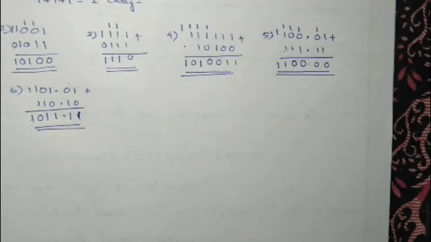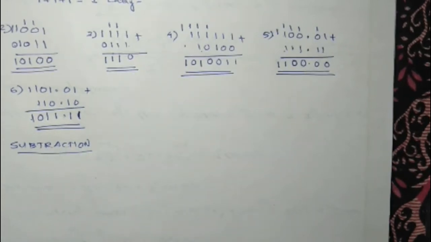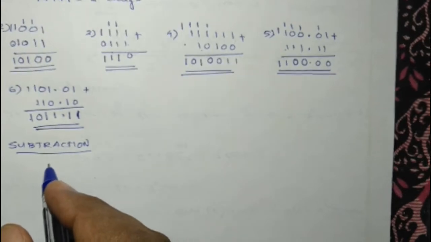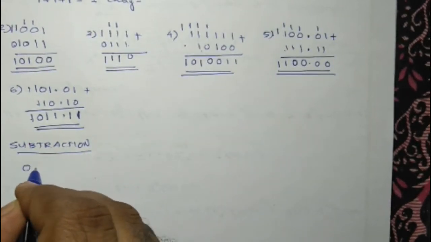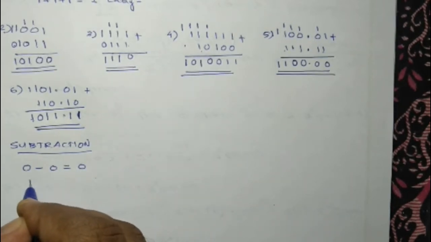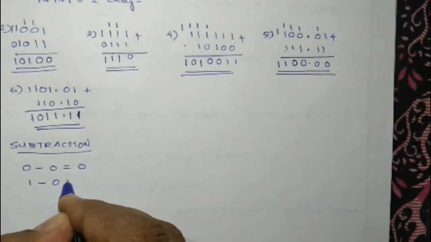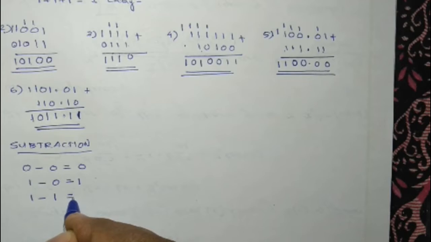Now let's move on to the next topic, binary subtraction. In binary subtraction also we have certain rules. Let's write down the rules. The first rule is 0 minus 0 will give you a 0. 1 minus 0 will give you 1. 1 minus 1 will give you a 0.